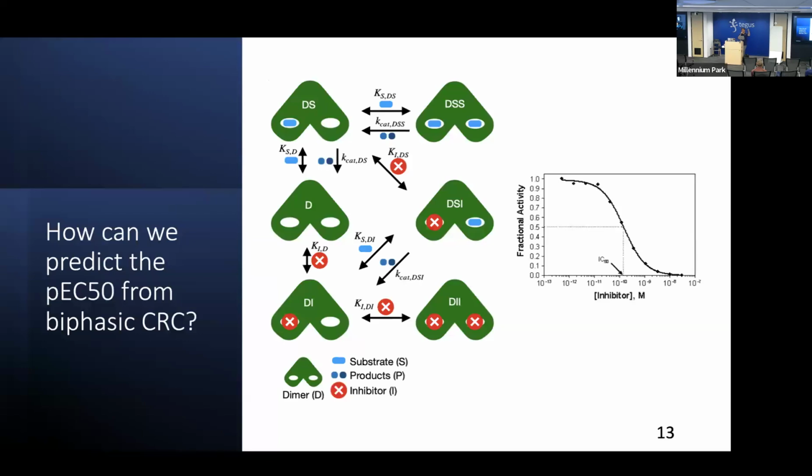That's what causes the activation to occur. So we said, if we don't have the monomer around, we won't have the biphasic curve. We'll just have an inhibition phase. We can predict the inhibition phase and get the IC50 of that phase and say this is what's going to happen in the cell.